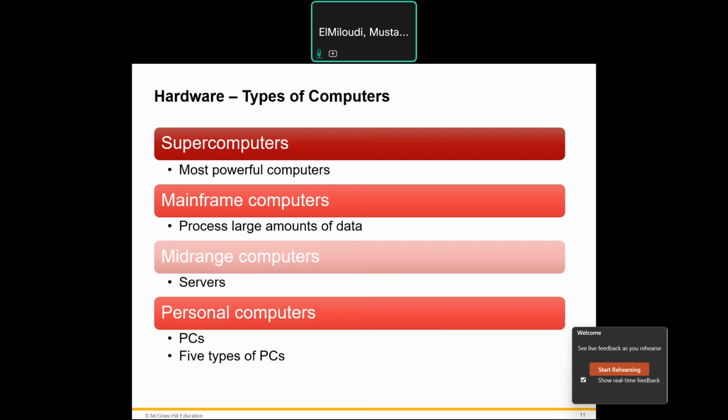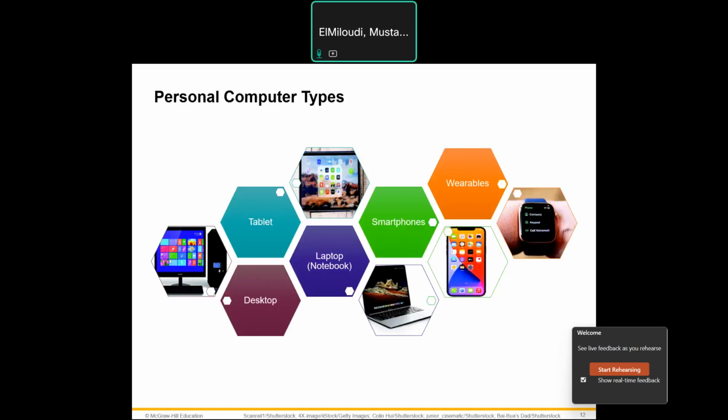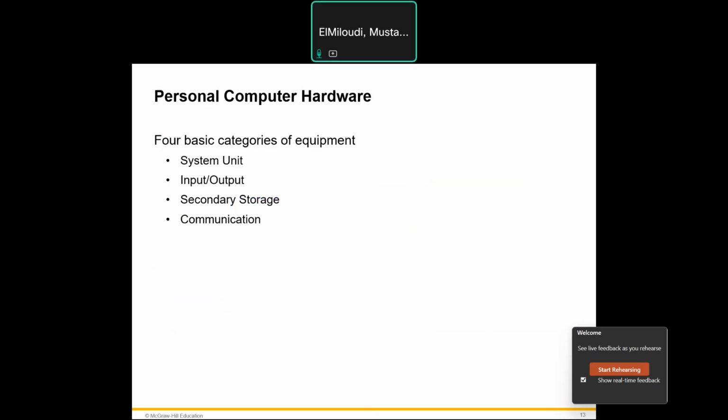This is only for personal use. So these are the different types of computer. Smartphones, laptops, desktops, tablets, wearables, all of these are some kind of computers.